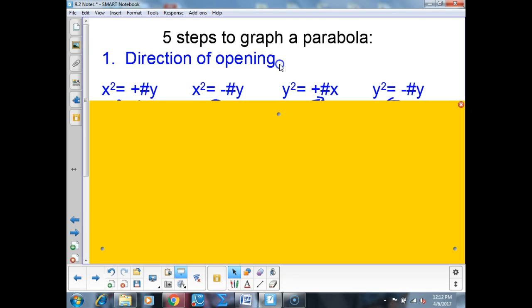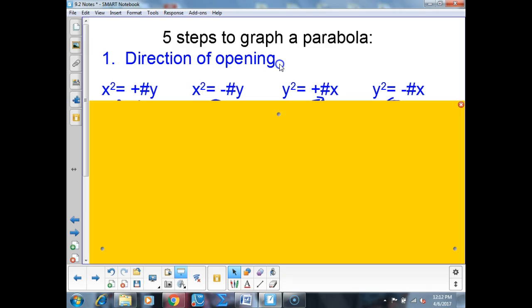So let's work left to right. X squared, we said, was up or down, right? Should be x, yeah. Guy can make one mistake. Okay.